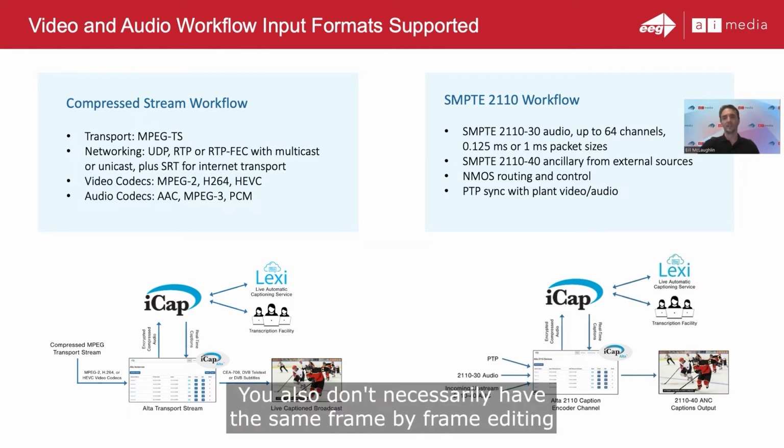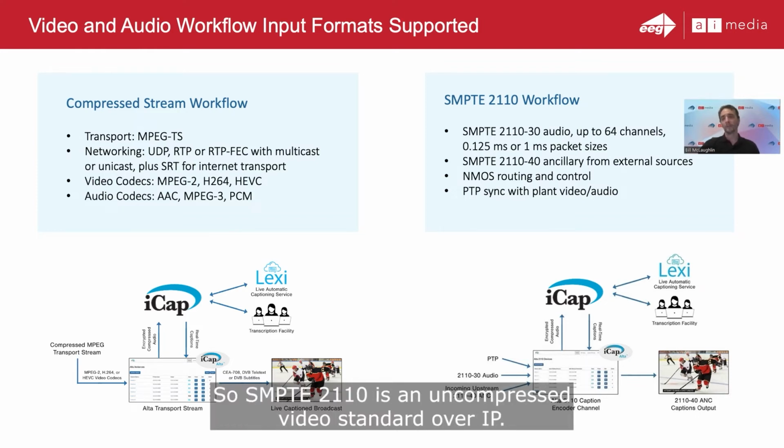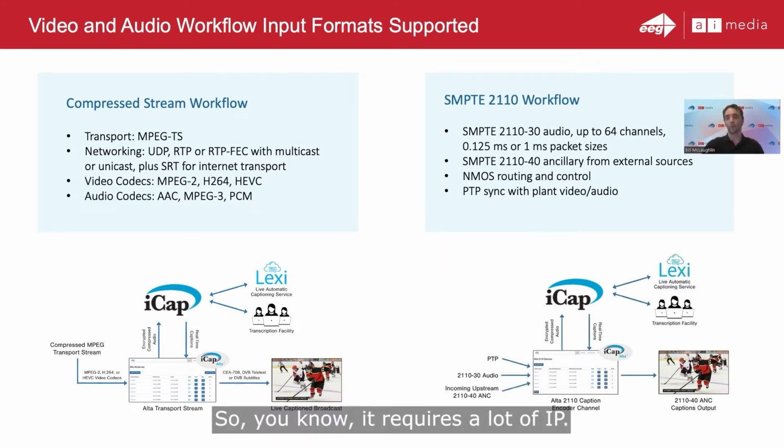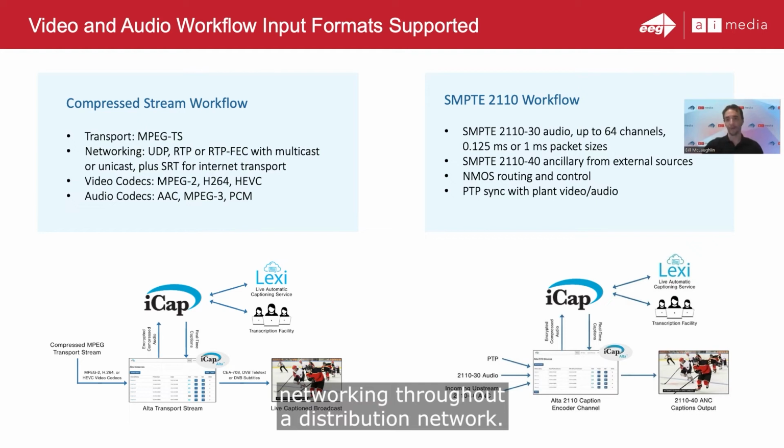You also don't necessarily have the same frame by frame editing and triggering capabilities that you have in the baseband SDI workflow. So SMPTE 2110 is an uncompressed video standard over IP. So it requires a lot of IP. You'll typically need 10 gigabit per second networking throughout a distribution network.